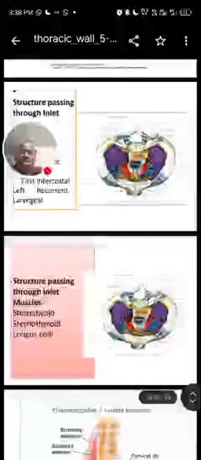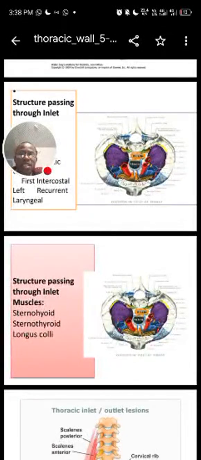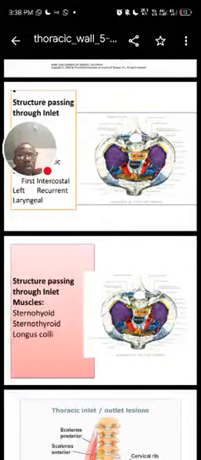We say the sympathetic trunk nerve. And in V man, M is the muscle, and the muscles are SSL, or LLS.